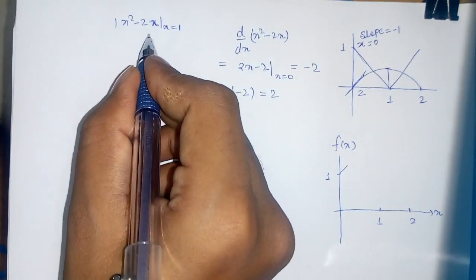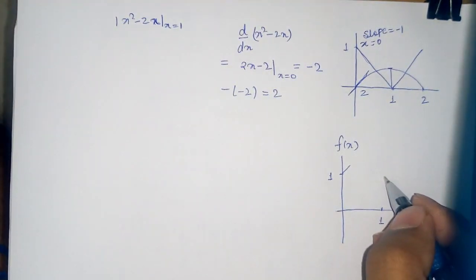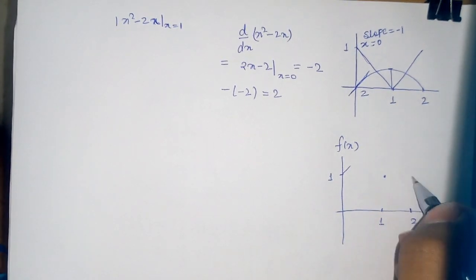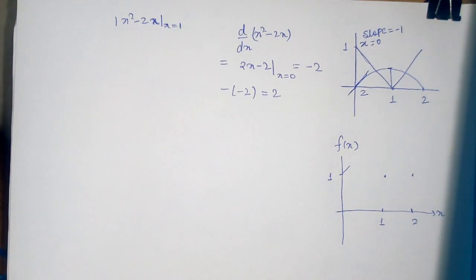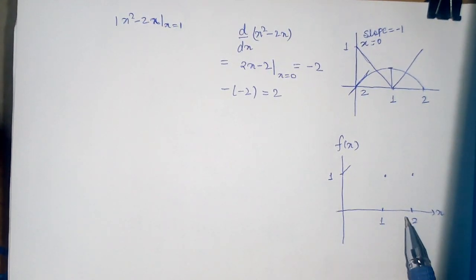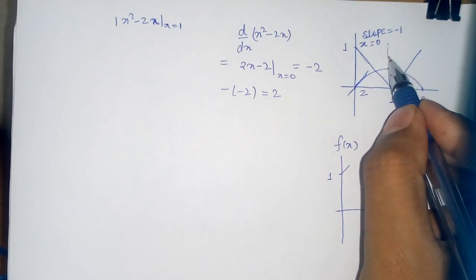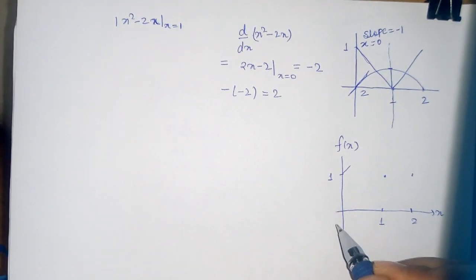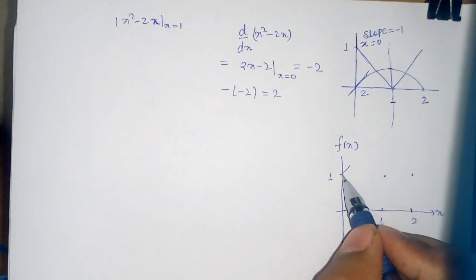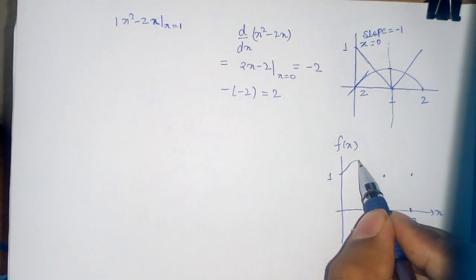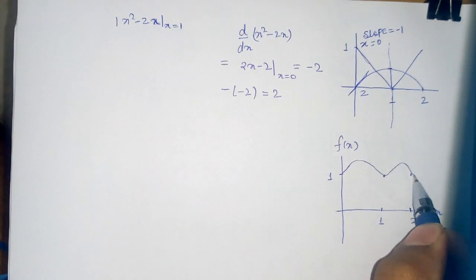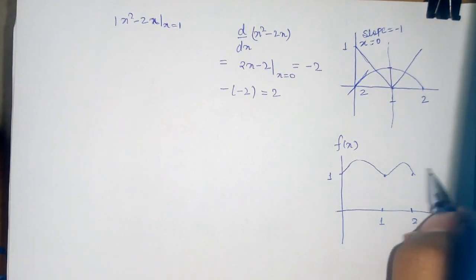At x equals 1, this is |1 − 2|, which is 1. So again at x equals 1, f(x) is 1, and again at x equals 2, f(x) is 1, and f(x) is symmetric about x equals 1, which is evident from this figure. So intuitively we can say that f(x) is rising and falling to touch 1 again, and then rising and then falling again.